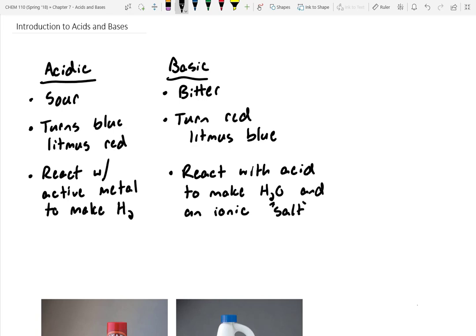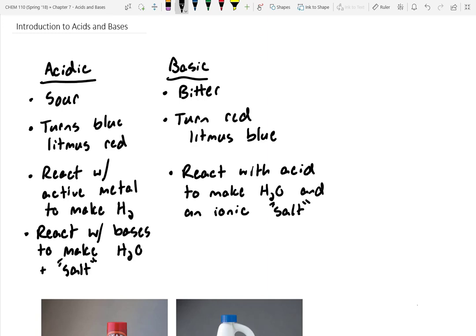A salt can be really anything that's ionic, not just sodium chloride. All right, on the other side, acids can react with bases to make water and salt. And I'm going to put salt in quotes just to imply that it's not always going to be sodium chloride.